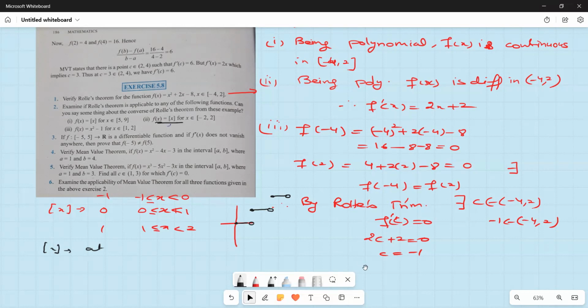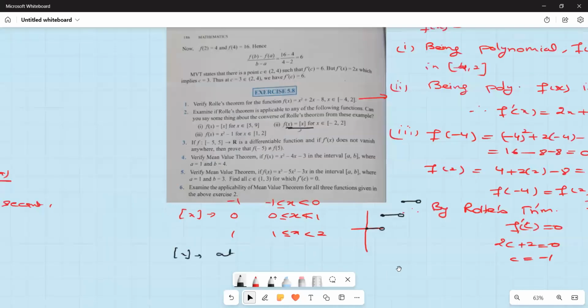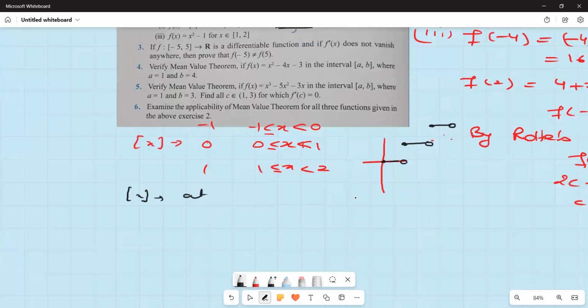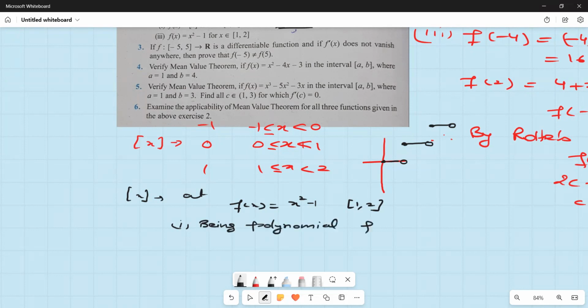Then part 3. Part 3 says f of x is x square minus 1. Interval is [1, 2]. So it's also a polynomial. So first condition, being polynomial, f of x is continuous in closed interval [1, 2].